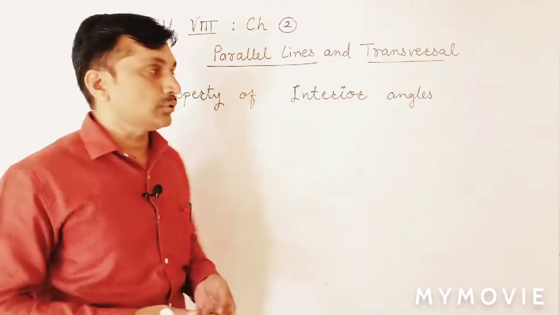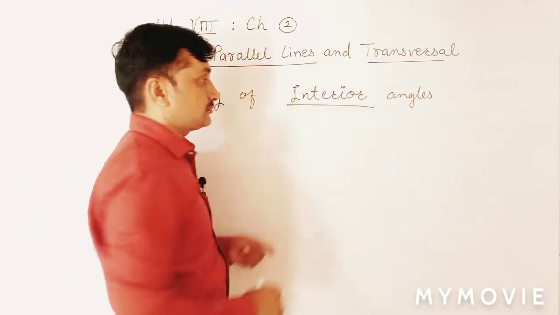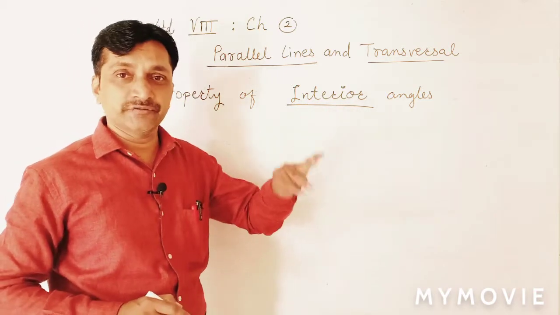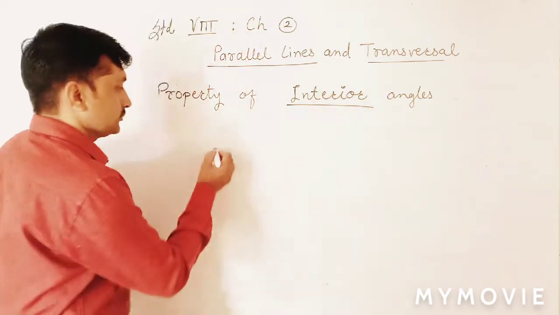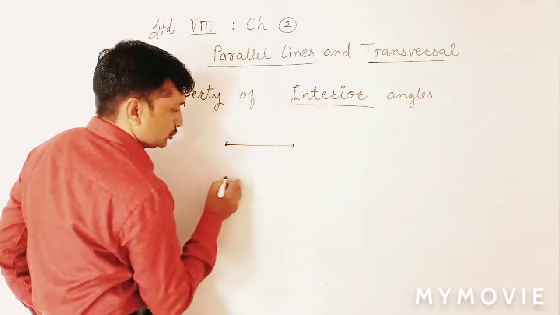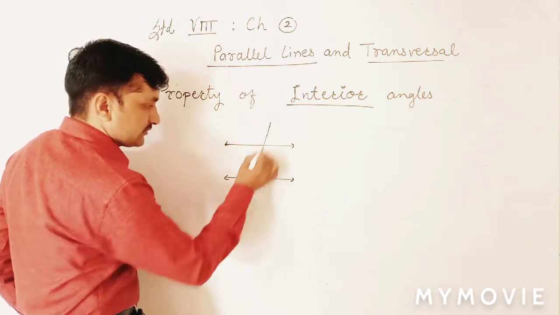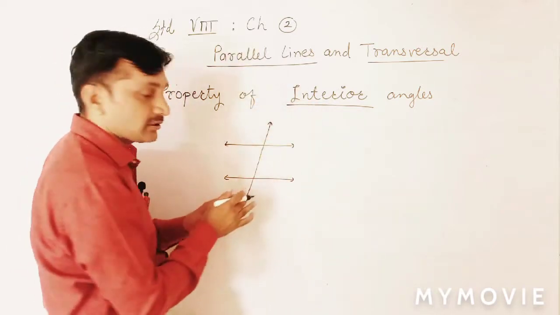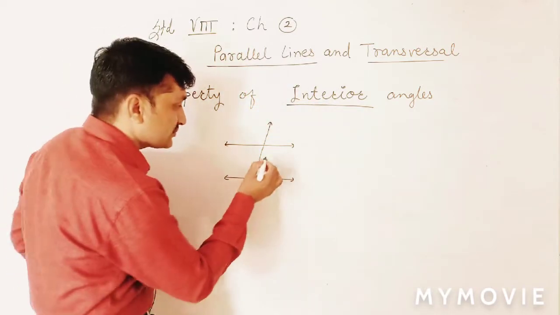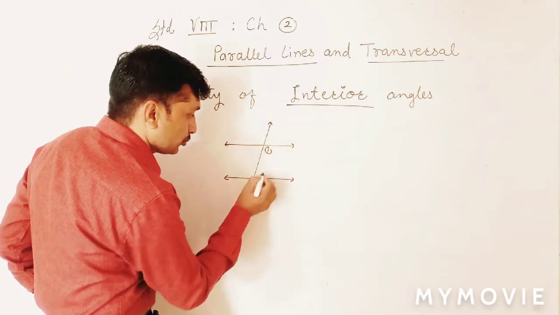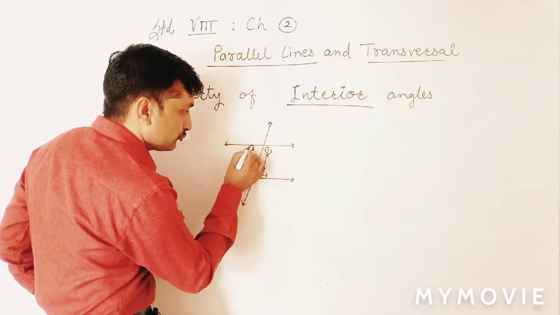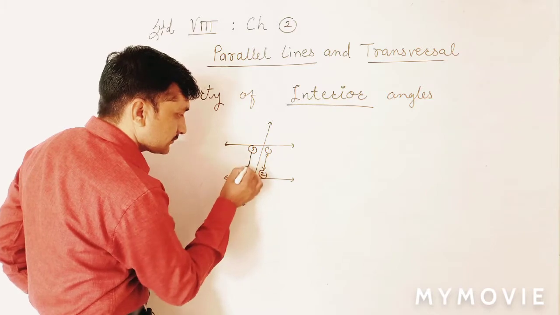Now the third type is interior angles. This is not alternate; interior alternate is different. This is only interior. Two lines are parallel, the transversal is intersecting them, and interior means between the parallel lines but on the same side of the transversal. 1, 2: these are interior. 3, 4: these are interior.